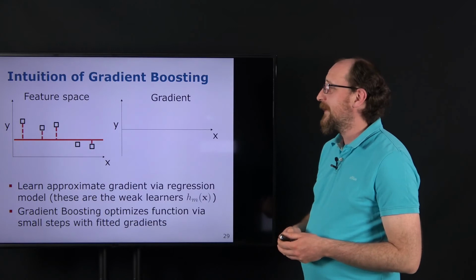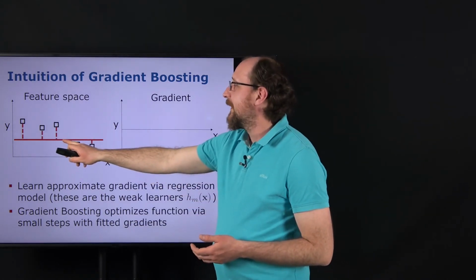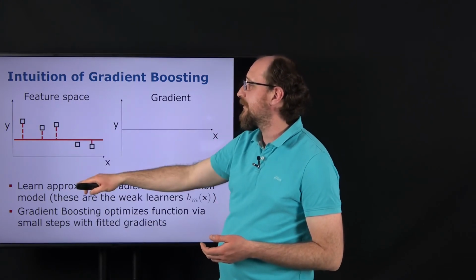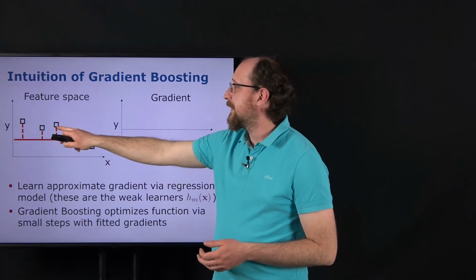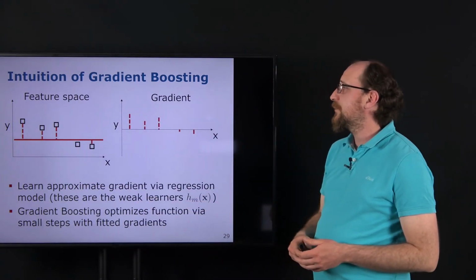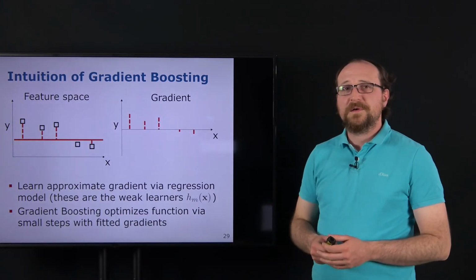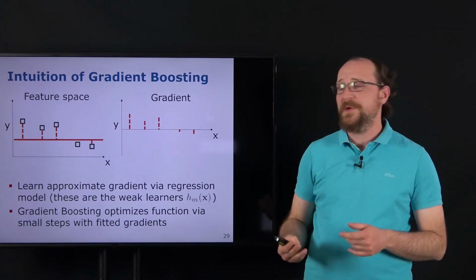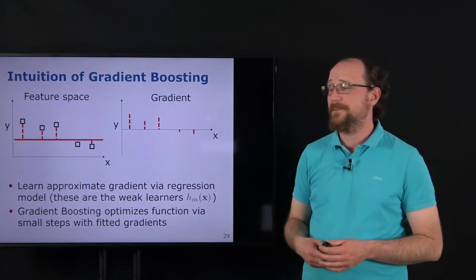So we first determine the residuals from the function that we currently have to the training examples. In this regression case, these are just the squared distances to the training points, and we use this as our approximation of the gradient. So in which direction we have to change this red function such that it does a better job in the end.